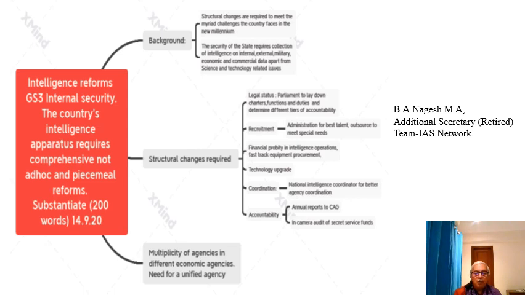So there is a need for a unified agency. Once a unified agency comes, it can collate the intelligence inputs received from various wings of the government, as we proposed. You can also add in the answer the suggestion for a national intelligence coordinator for better agency coordination. So this will sum up the discussion on the question of intelligence reforms.